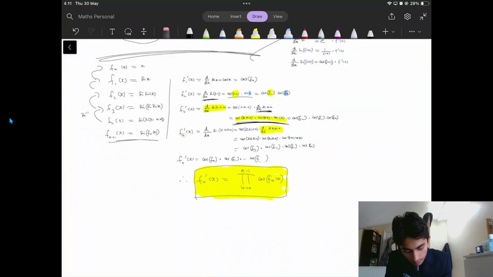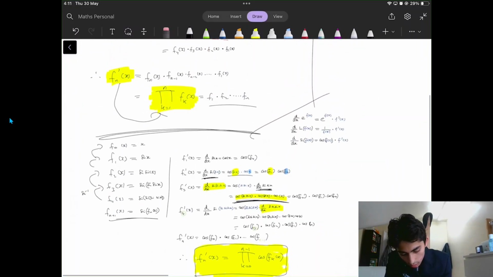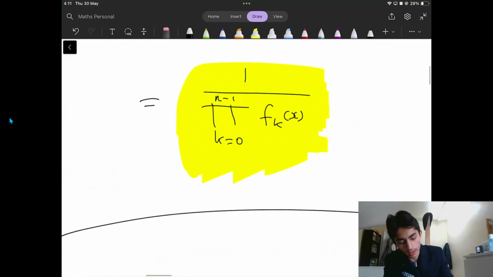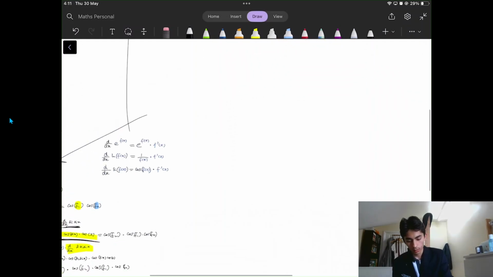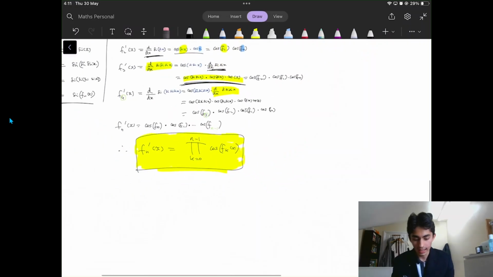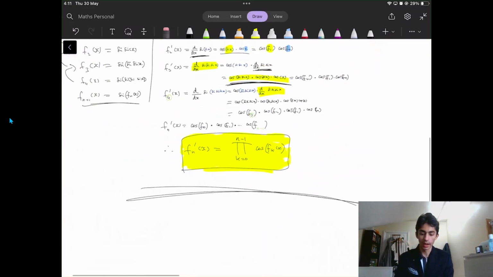This is, I guess, pretty similar to the logarithm, right? Yeah, really similar to the logarithm. The only difference is that with the logarithm, we get 1 over the product of fk, right? With the sine, we get cosine of fk, right? So in fact, we could generalize this to any function that we want, I suppose.